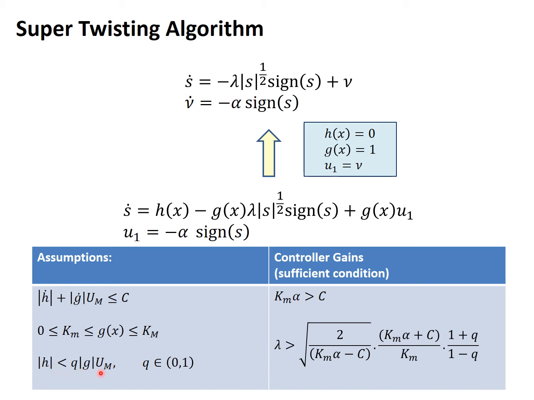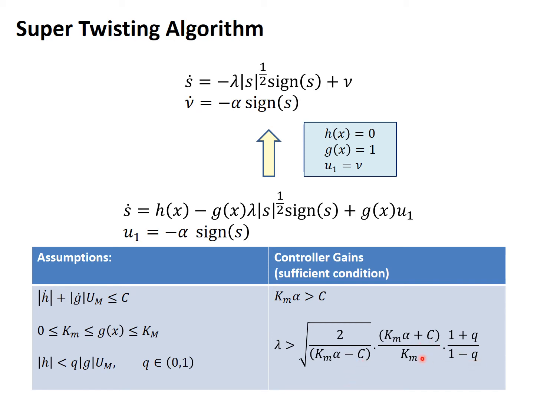And if you look here, then h is 0, g is 1, you have some bound and whatever q, so whatever these values, these are greater than 0, so these assumptions are met already. So you have selected your alpha, so now you can select your lambda based on your value of alpha and your value of km and some q that you are choosing.